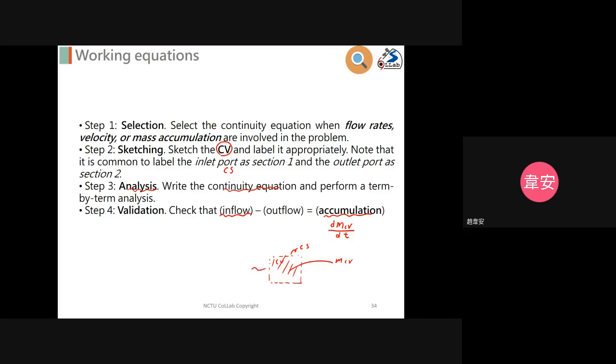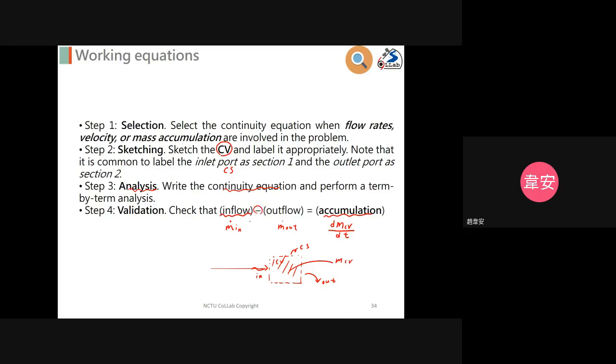So we have some inflow and we have some outflow. So this is in. We have the inflow rate, and we have the outflow rate, and we take the minus in here.